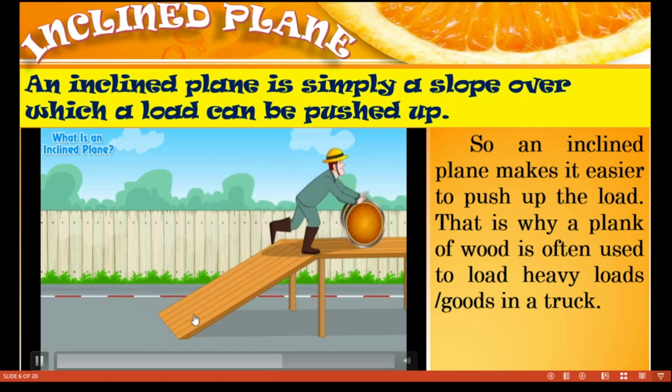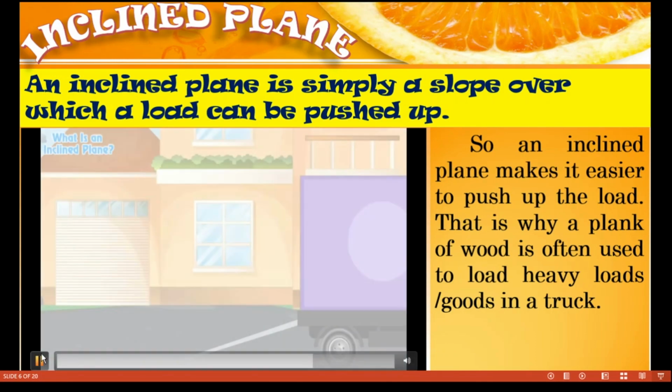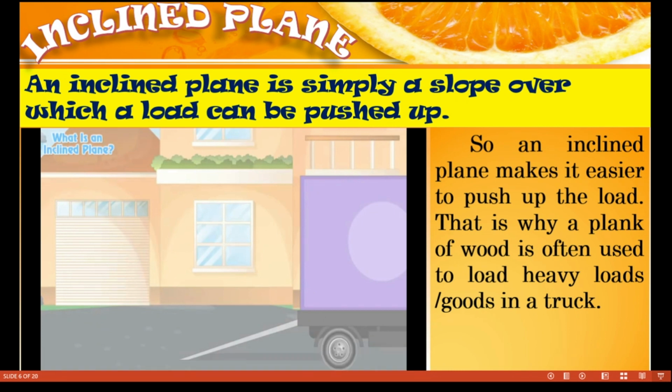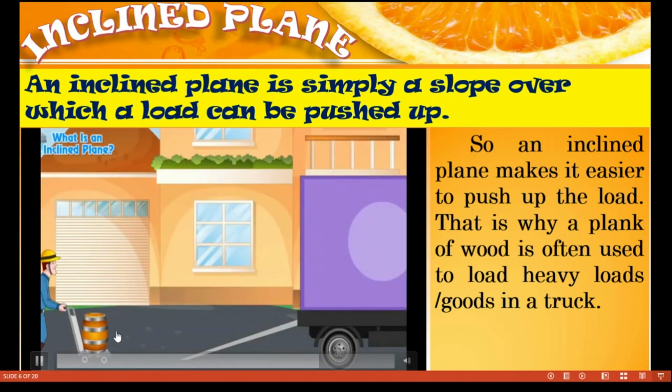After making an inclined plane, it is easier to roll down an object, like this. In the previous lesson, we have seen that rolling friction is very much less than static friction and sliding friction. Therefore here wheels are used to lift heavy loads on a ramp or inclined plane.